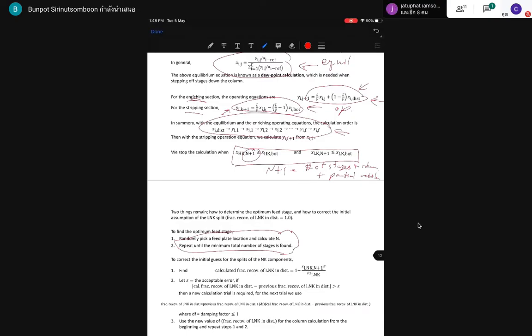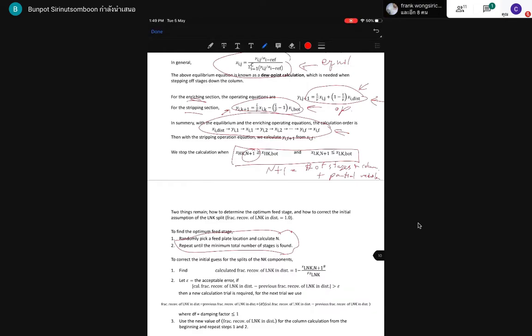Then try different feed plate locations and see which feed location gives you the minimum number of stages, and that one would be your final answer. The best condition is the best location for the feed with the lowest number of stages. That's how you find the feed location.